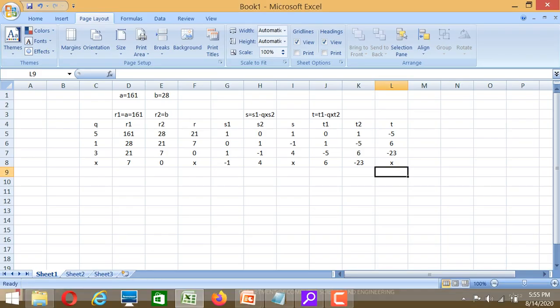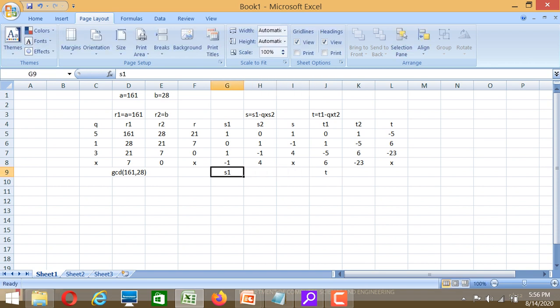So this R1, this 7 is the GCD of 161 comma 28, and this is the S value, this is the T value, the final T value.